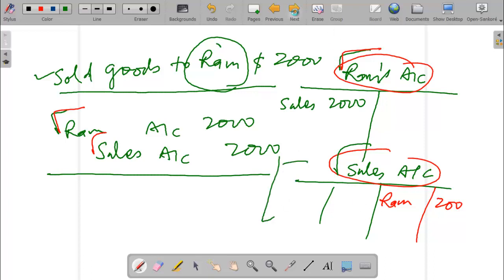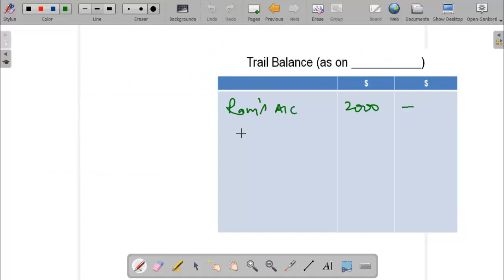So I will show the sales account also in the trial balance, and it is showing a credit balance, so I will show the balance in the credit column, but the balance is only 200. Now if I make the total of the trial balance, it will not agree. The debit side total is 2000 and the credit side total is only 200.